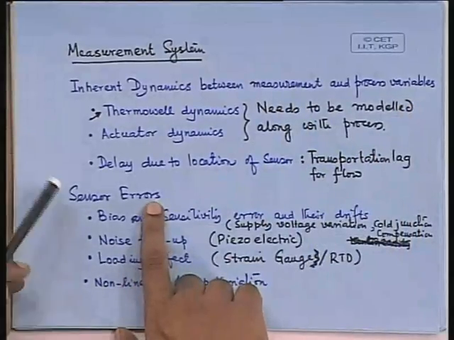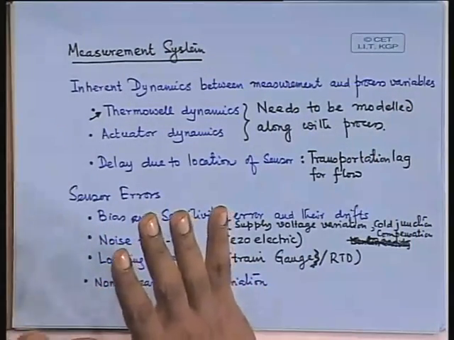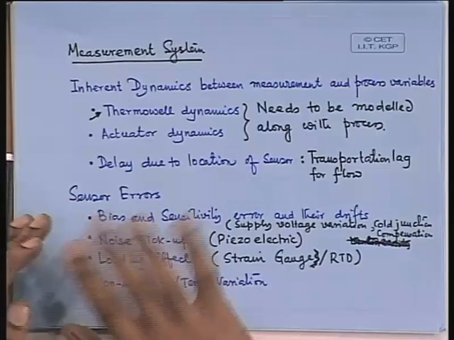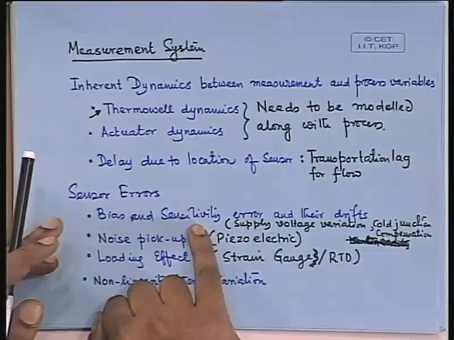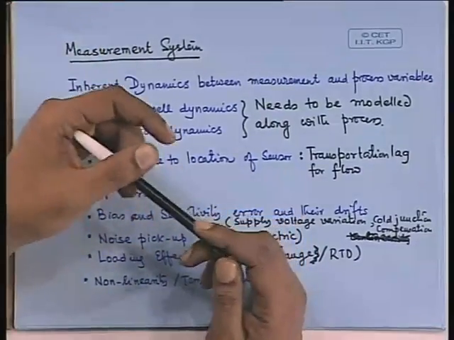Similarly, you could have various kinds of sensor inaccuracies, errors, non-idealities. For example, there could be bias and sensitivity error. Most of the instrumentation people spend a lot of time studying the Wheatstone bridge. A lot of sensors use the Wheatstone bridge: RTDs, strain gauges. What's the biggest source of error on the Wheatstone bridge? It is the supply voltage variation.